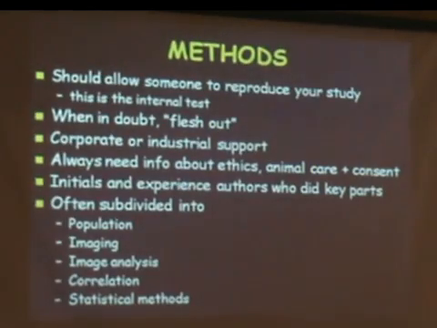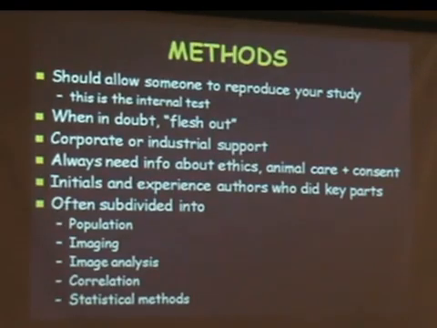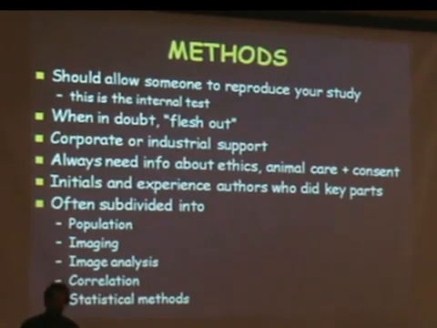Okay, so we did the title, we did the introduction, now we're going to do our methods. Again, it helps to organize before you write. So your first section of methods is your population. Your second paragraph is imaging.